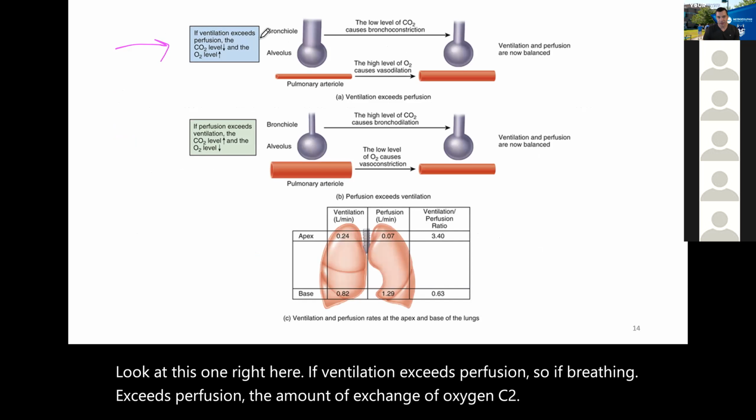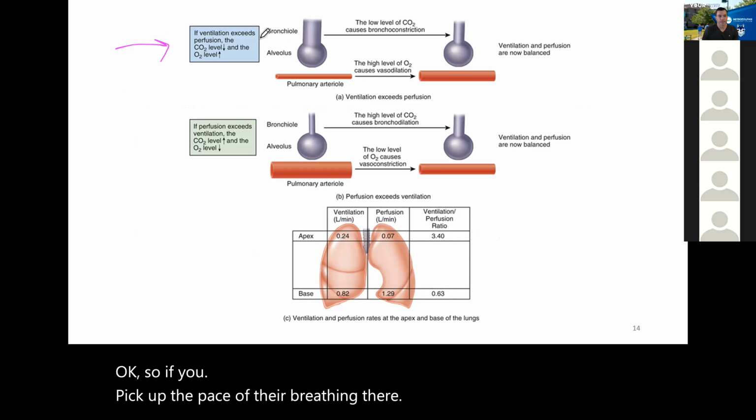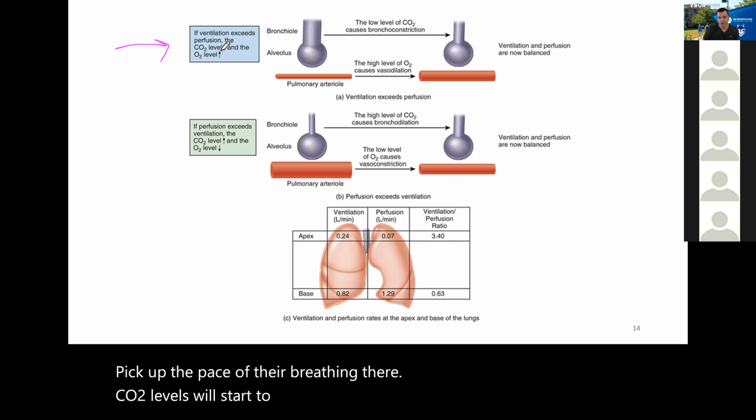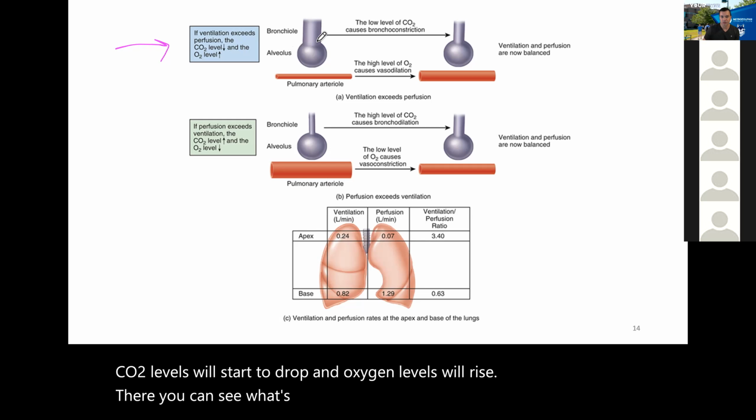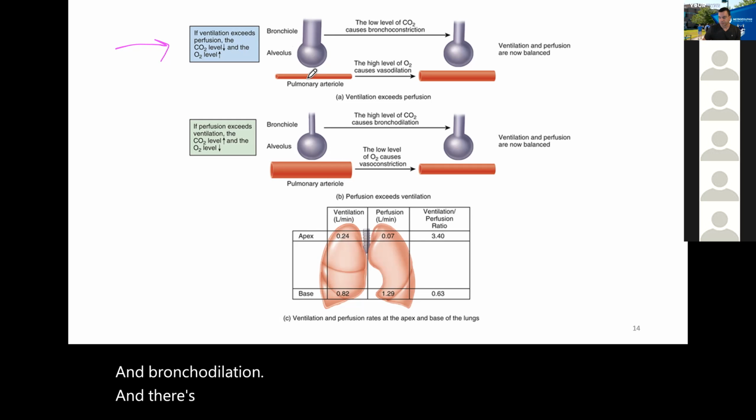So if you pick up the pace of your breathing there, CO2 levels will start to drop and oxygen levels will rise. There you can see what's happening in this situation. I have bronchodilation. And there's my pulmonary artery, the capillary.